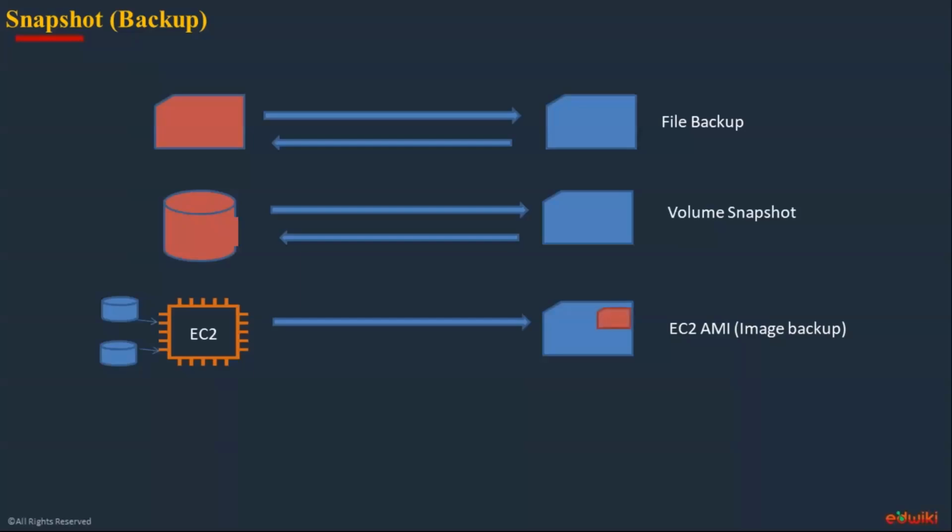Whenever you take the entire EC2 server backup as an AMI copy, it is actually going to take the backup of your root volume. It is going to take the backup of all the additionally attached volumes as well. You see in this scenario, though I referred to it as an EC2 AMI, in these two diagrams it actually includes the snapshots of all the volumes that are attached to the EC2.